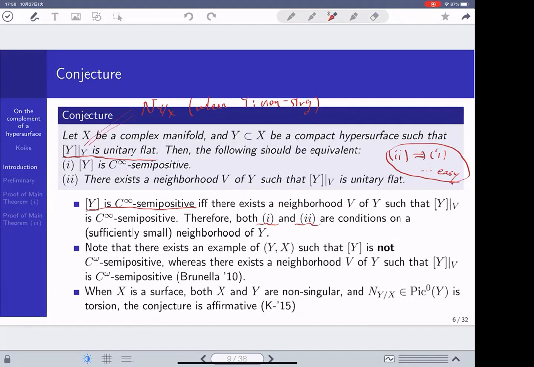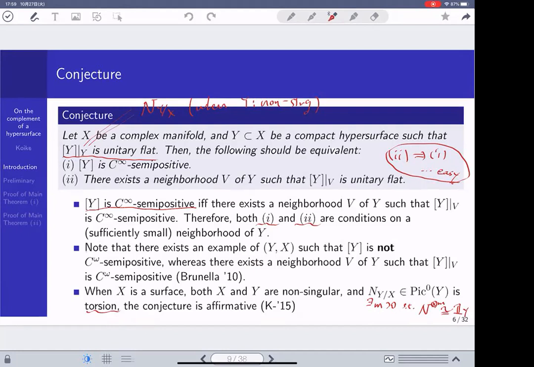The last one is like this. When X is a surface, both X and Y are non-singular, and when the normal bundle is not trivial in the Picard variety but it is torsion, I mean there exists some positive integer m such that the m-th tensor power is analytically holomorphically trivial, then the conjecture is affirmative.